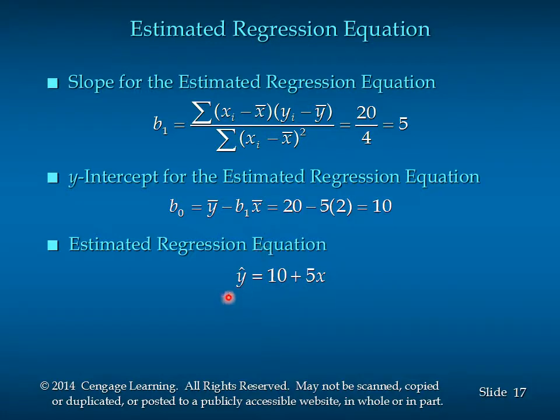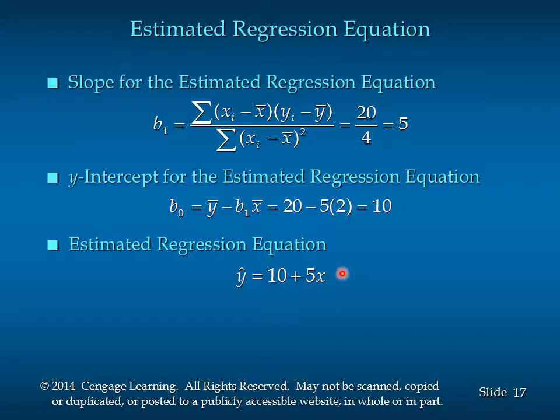So now you come down to y hat. This is a hard symbol to make, so if you just put y in there, I'm good. But on the exams and quizzes, you'll see y hat is equal to 10 plus 5x. You put in any value of x, and this is why it's so wonderful, almost as much as the coefficient of determination, which is a bit of a Schulteism I talk about.